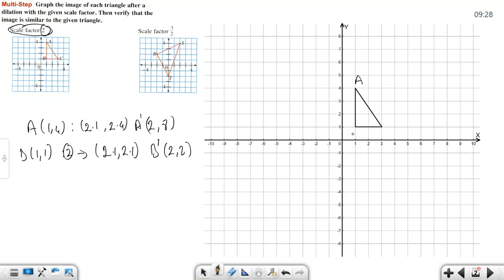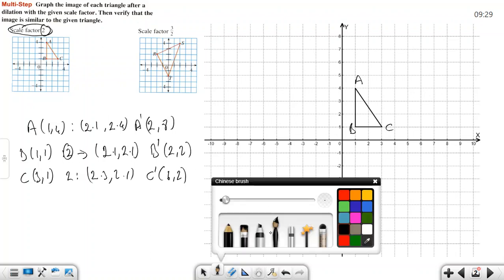The coordinates of C are 3 and 1. X is 3, Y is 1. The scale factor is 2, so 2 times 3, 2 times 1, which is 6 and 2. The new C will be 6 and 2.